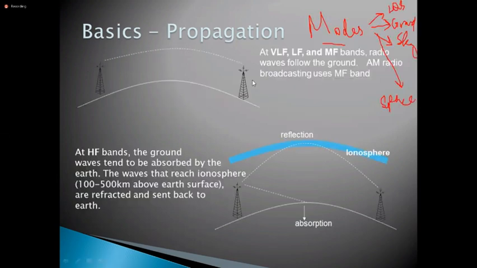Then we have sky wave and ground wave propagation, right? Sky wave propagation means this. Now, the Earth's atmosphere is divided into several layers, right? The lowest layer is the troposphere, right? Then we have stratosphere, then mesosphere, then exosphere.